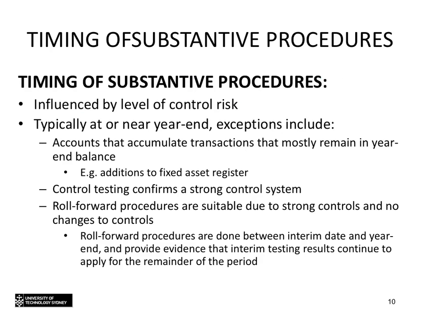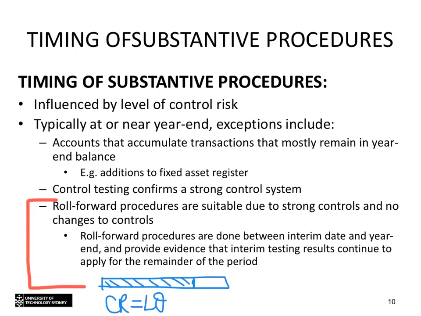Timing. The more risk we have, the closer to the year end we're going to do things. I'm going to talk about the roll forward procedures because this is something that's a little bit unusual. Let me draw a little timeline here. Let's say this is the financial period, and this is 3/4 of the way through the year. If I test internal controls over this 3/4 of the year and controls are working correctly, control risk is low.